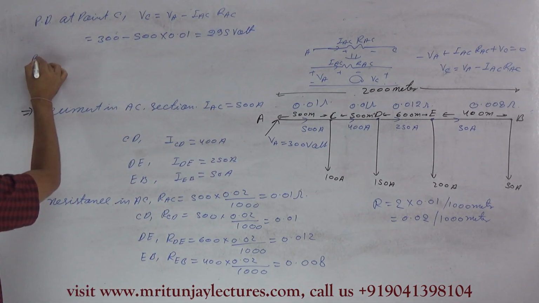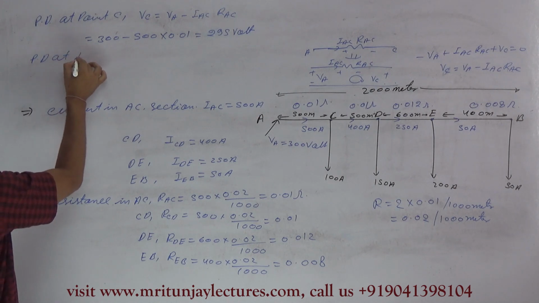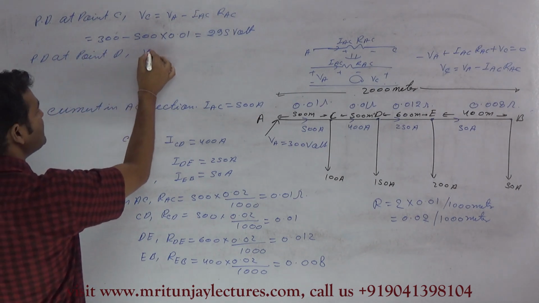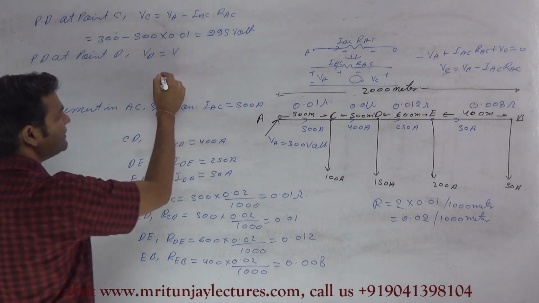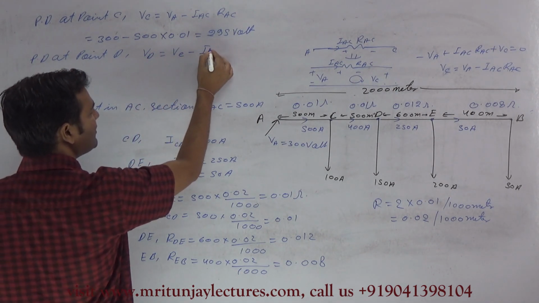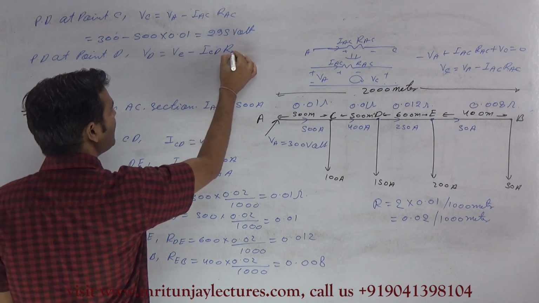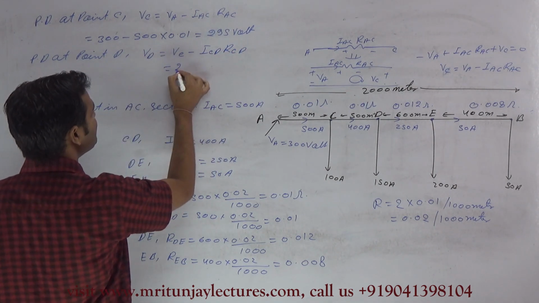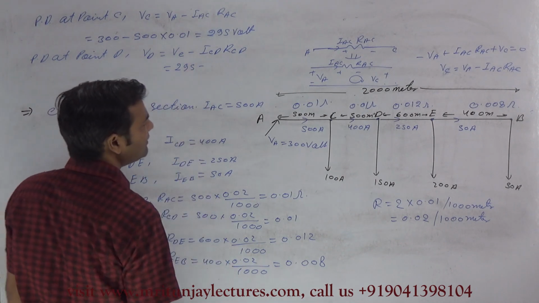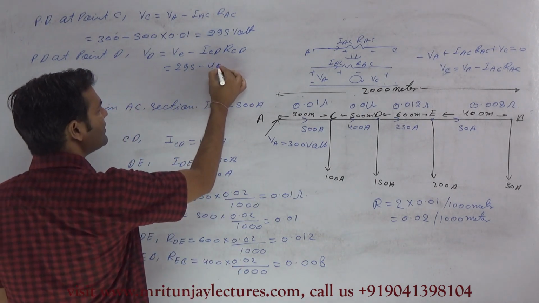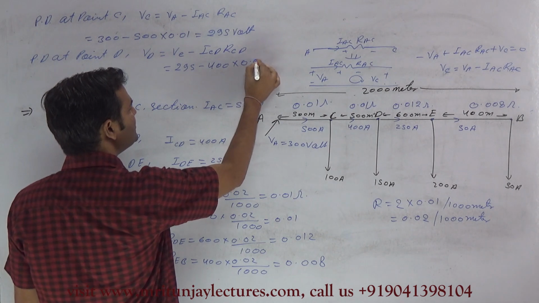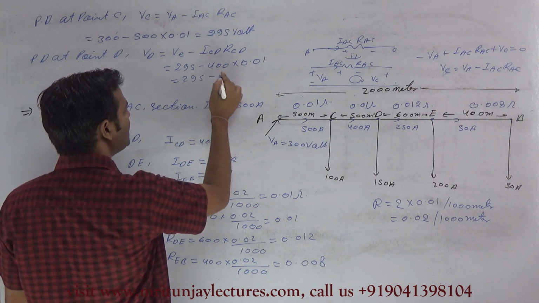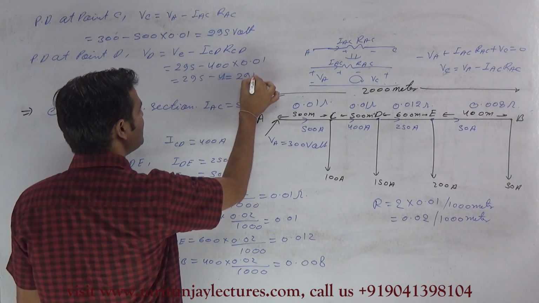Similarly, the potential difference at point D, VD, is VC minus I of CD into R of CD. VC is 295 minus 400 into 0.01, that is 295 minus 4, that is 291 volt.